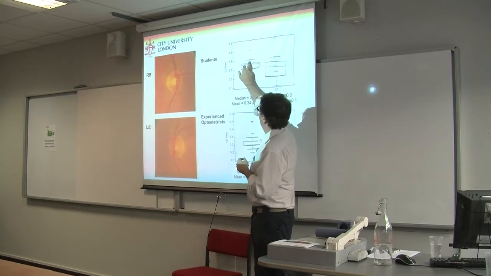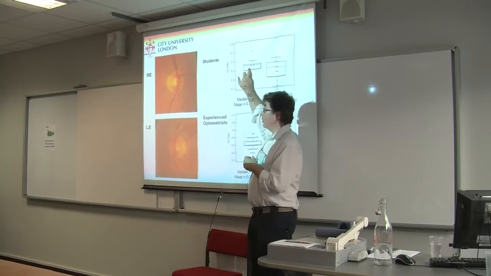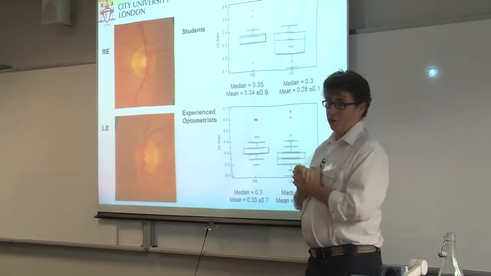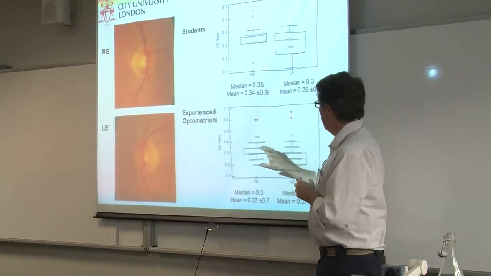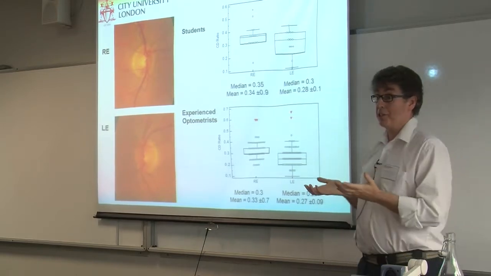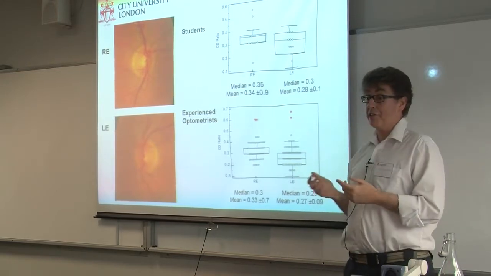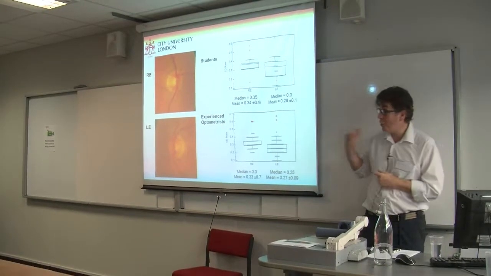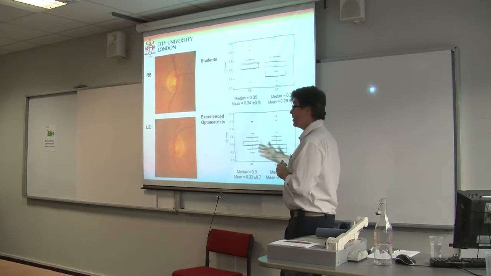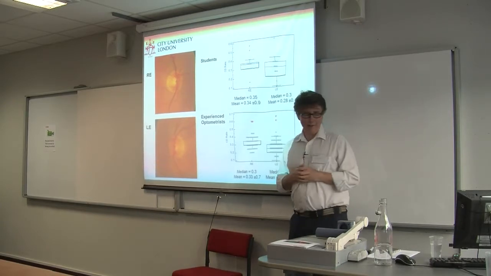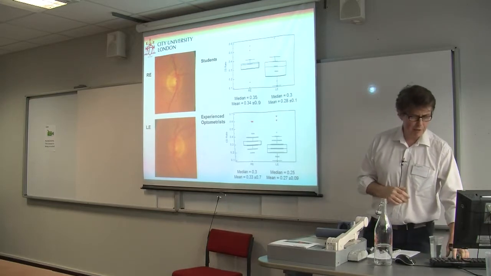They were much less variable in the grading of the right eye, much more variable in the grading of the left eye, but there's actually very little difference between the experienced optometrists and the students, and no statistical difference either between the means or the medians. So that's really saying that our final year students are at least as good as the experienced optometrists, often with many years of experience. There's so far no difference.